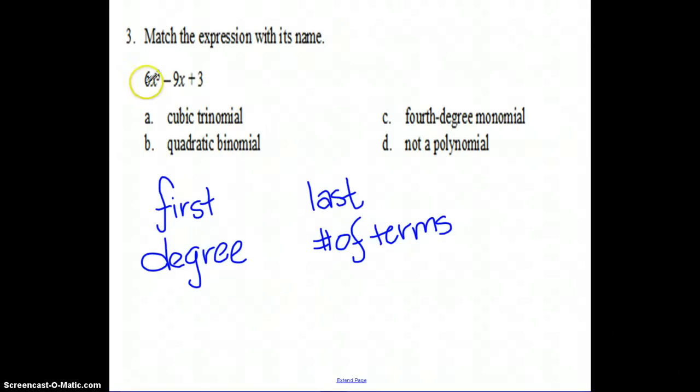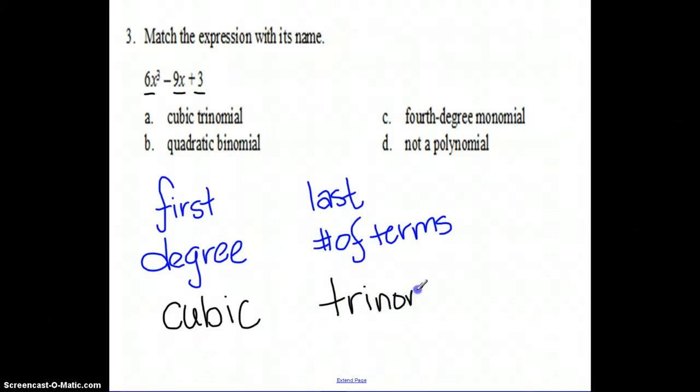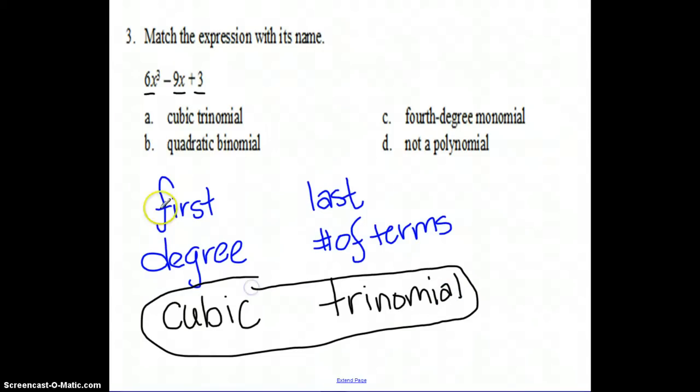So in this problem, the highest exponent is this 3, which gives it the first name of cubic. This one has 3 terms, which means its last name is trinomial. So its full name is cubic trinomial, which means my answer is going to be A.